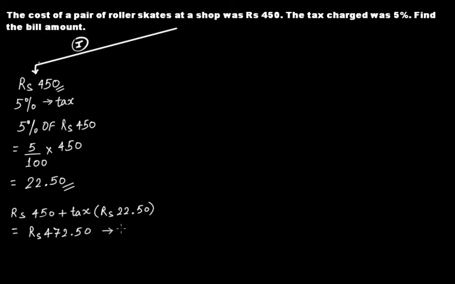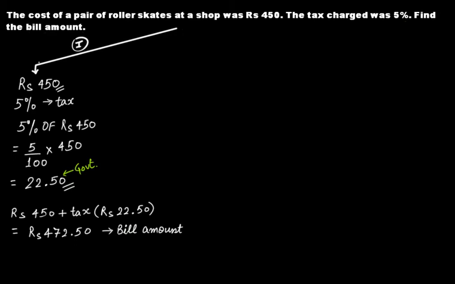This is your bill amount that the customer will have to pay after 5% tax. And this 5% tax, that is 22.50, which is being charged on this original price, goes to the government. That is the importance of tax. This charge will go to the government.